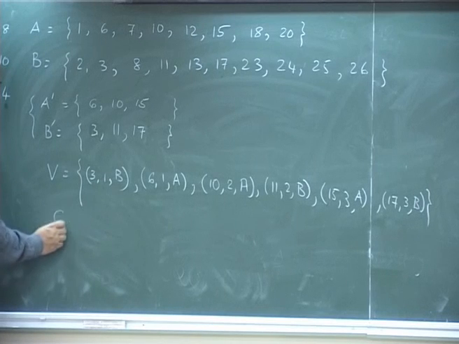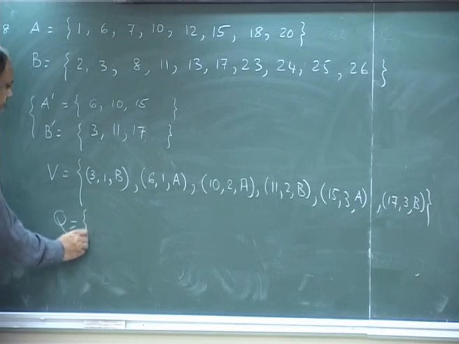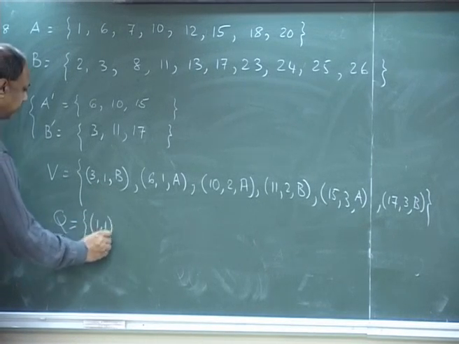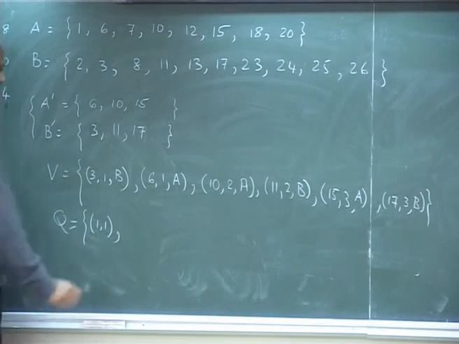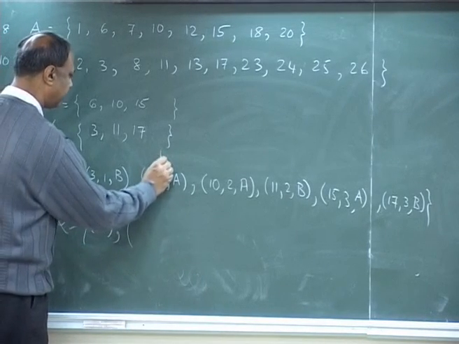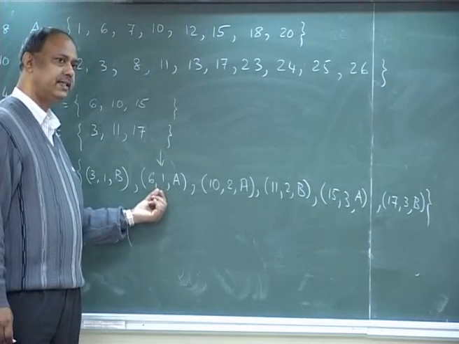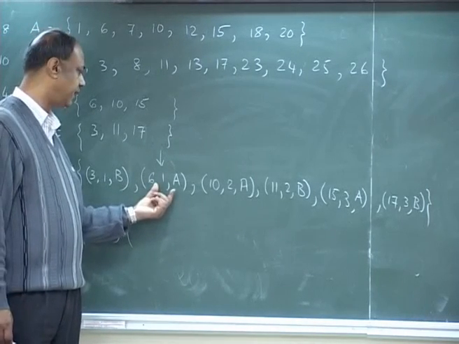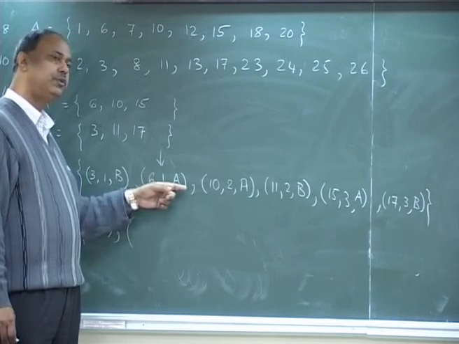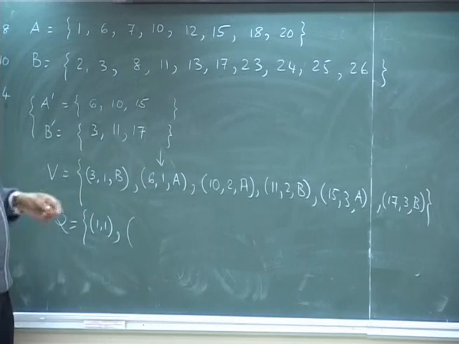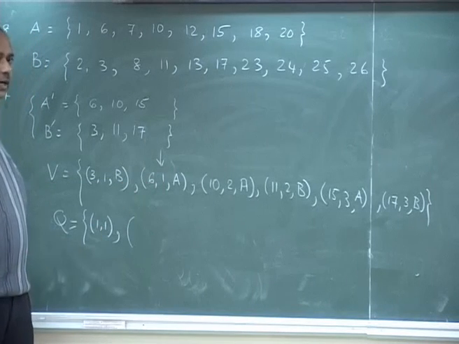Right? Then you have to obtain Q. First you will be checking this one. Processor 1 is checking this one. Processor 2 is checking this one. It belongs to A sequence, and 1.